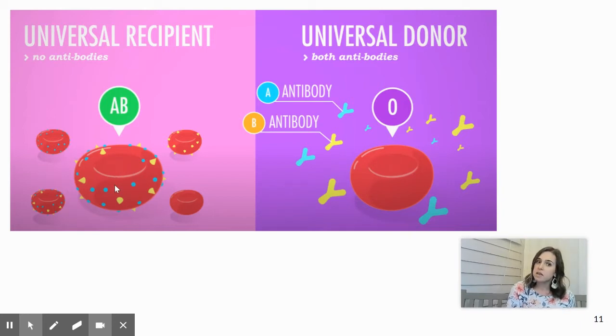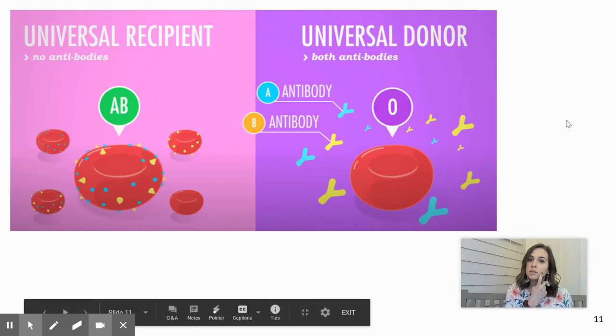So in the case of AB blood, they have no antibodies because they have both types of antigens. Remember, antigen I, that's me. Because it has both types, it's wearing like 2 jerseys, then there are no markers to attack it. So this is why it's the universal recipient, because it can take anybody's blood and it won't attack the other blood.